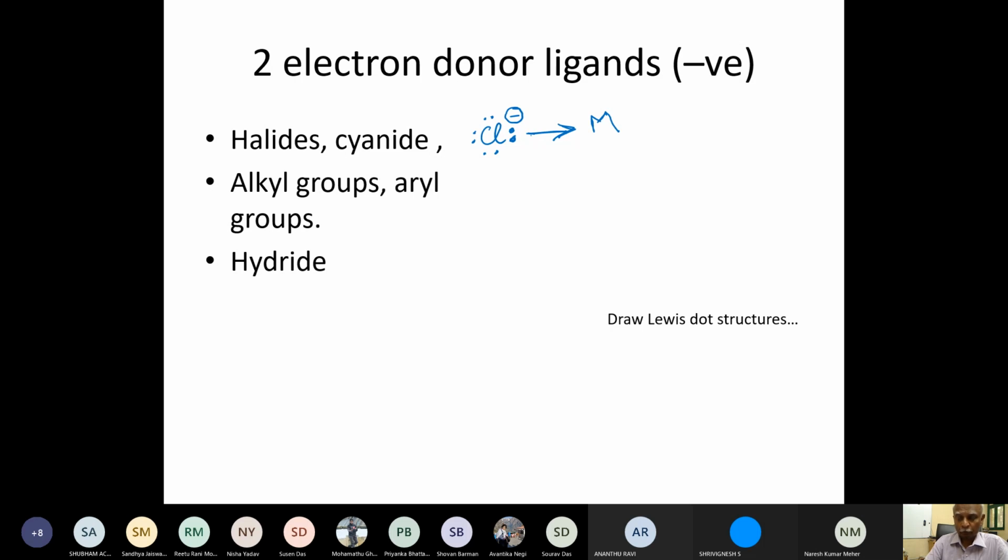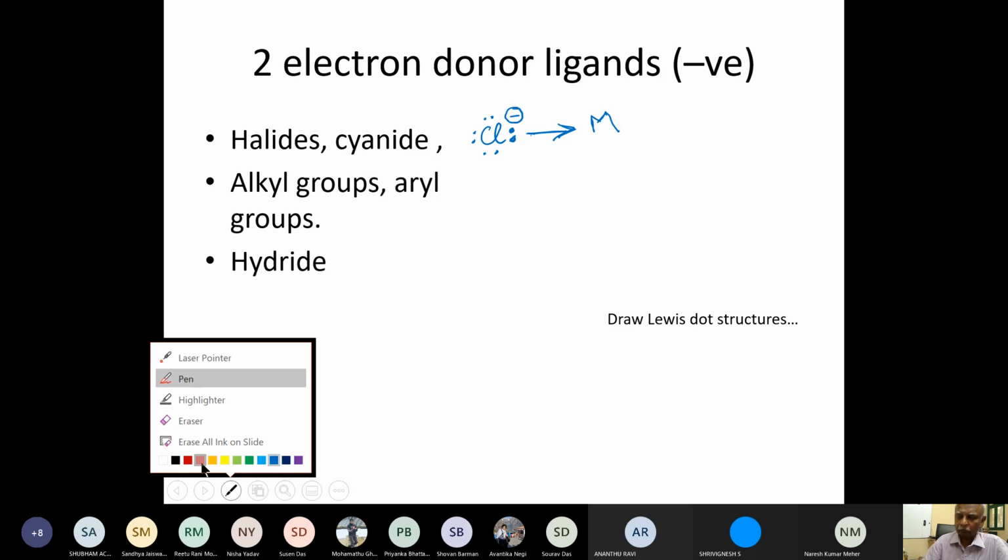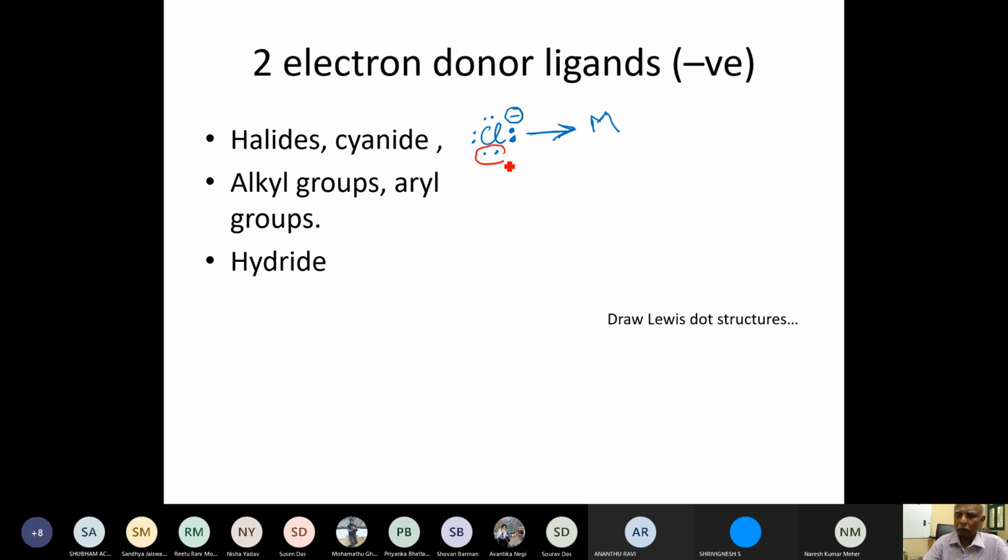There are reasons to suspect this, because there are situations where a chloride, for example, can use this extra pair of electrons that are there. Why not use this also?